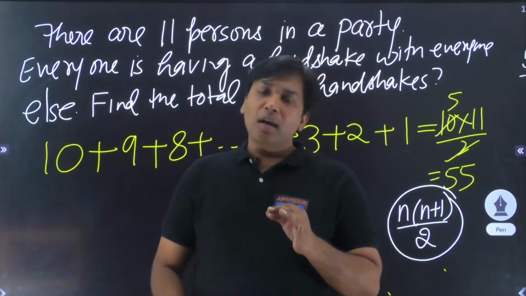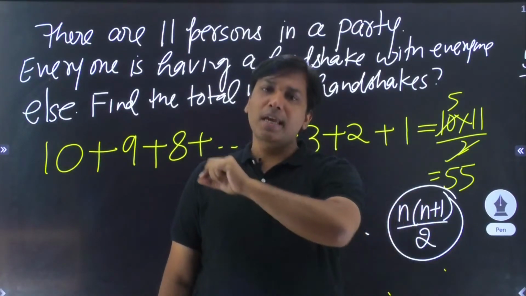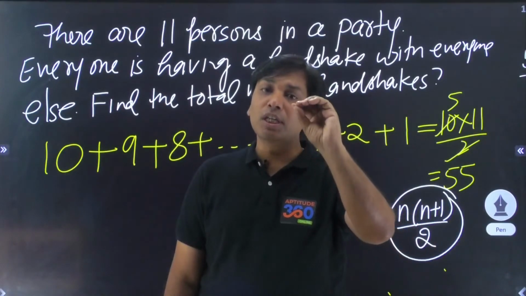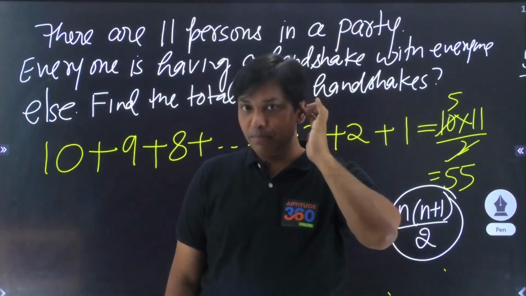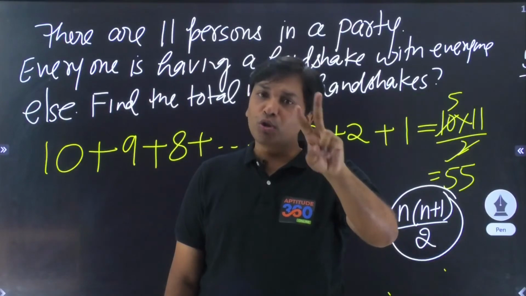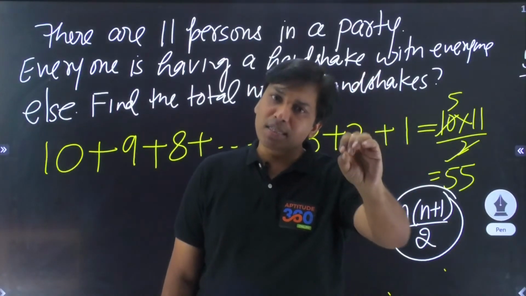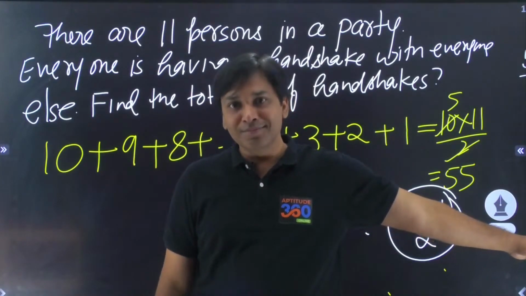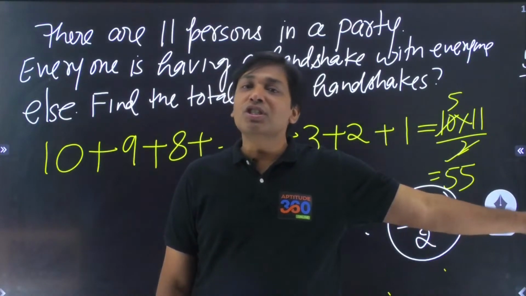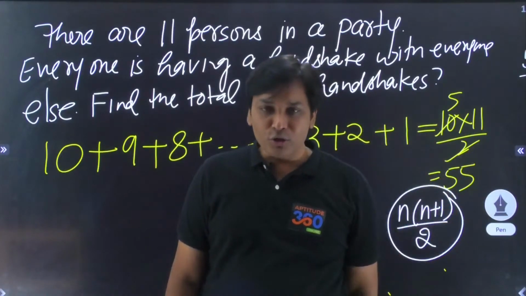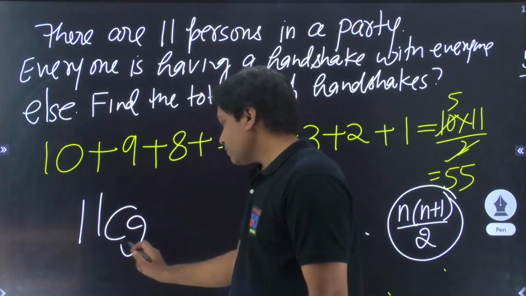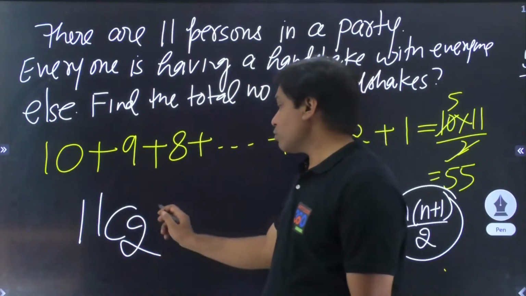Understand? मैं उस 11 लोगों में से I choose 2 persons and my selection of these 2 persons must be unique all the time। जितनी बार मैं 2 यूनिक लोगों को आउट ऑफ 11 लोगों में से सेलेक्ट कर पाऊं और उनको कोने में ले आके उनको डंडा मार के बोलूं हाथ मिलाओ, समझ रहे हो आप? वो जितनी बार हाथ मिलाएगा मेरे हैंडशेक की काउंटिंग हो जाएगी। सो व्हाट इज दिस? और आई से 11C2। व्हाट इज द मीनिंग ऑफ 11C2?